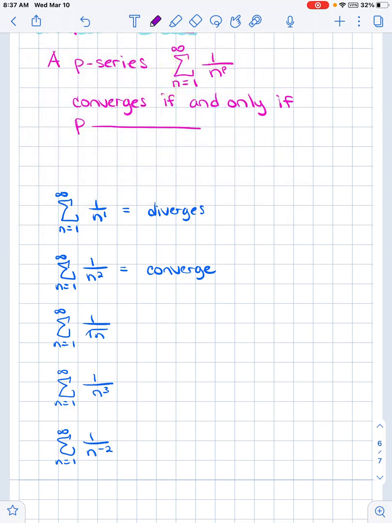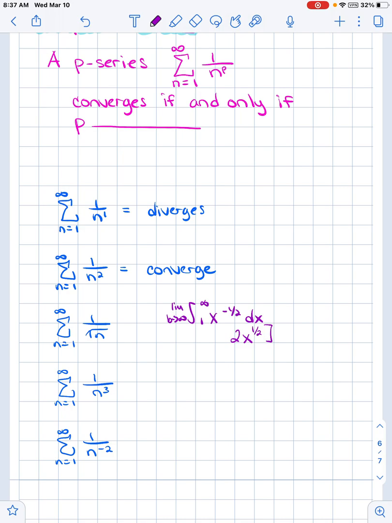Okay, welcome back. Let's take a look. I'm going to use the integral test on each of these three and see what we can figure out. So 1 over the square root of n. This is the integral from 1 to infinity of x to the -1/2. If I find the antiderivative, I add 1 to that, which is 1/2, and then divide by 1/2.